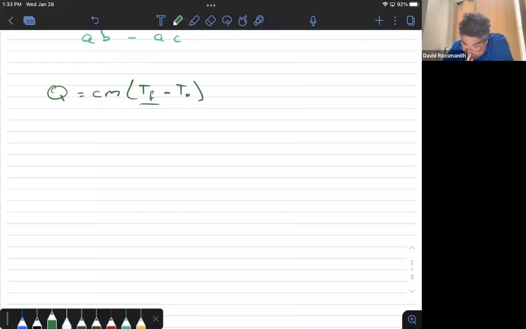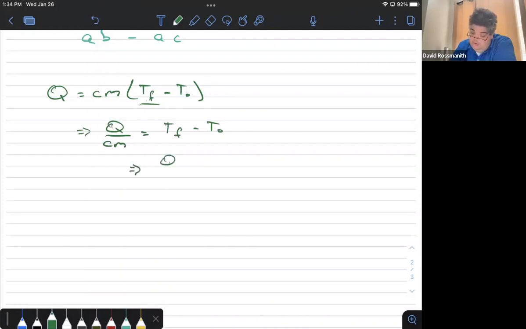So I say, okay, well, how would I solve for TF? Well, TF is in this parentheses, right? I can't get it out of the parentheses safely. So let me leave that alone, but the C times M, I can move it to the other side. So when I divide it over, it's Q divided by CM, and what's left on the right is the parentheses, TF minus TO. And now I can bring the TO to the other side.